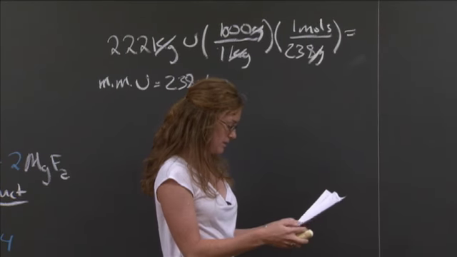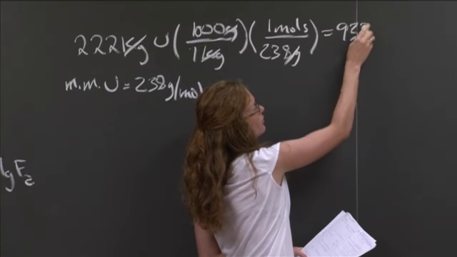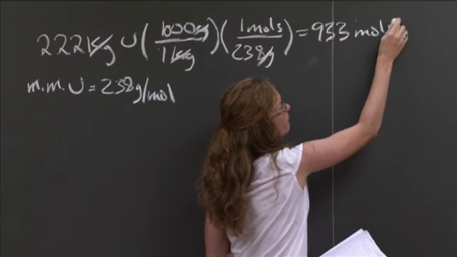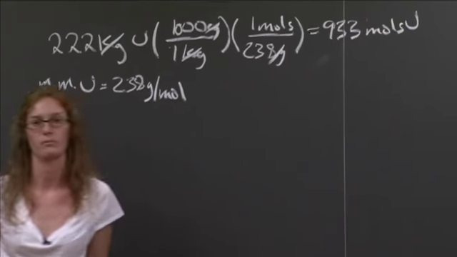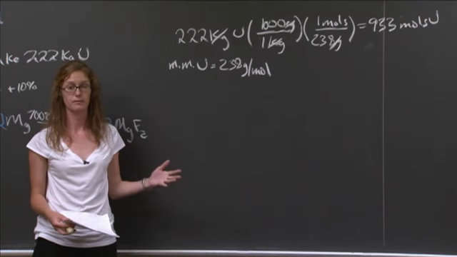And that gives us 933 moles uranium. Okay, so we have the number of moles of uranium we want to make.